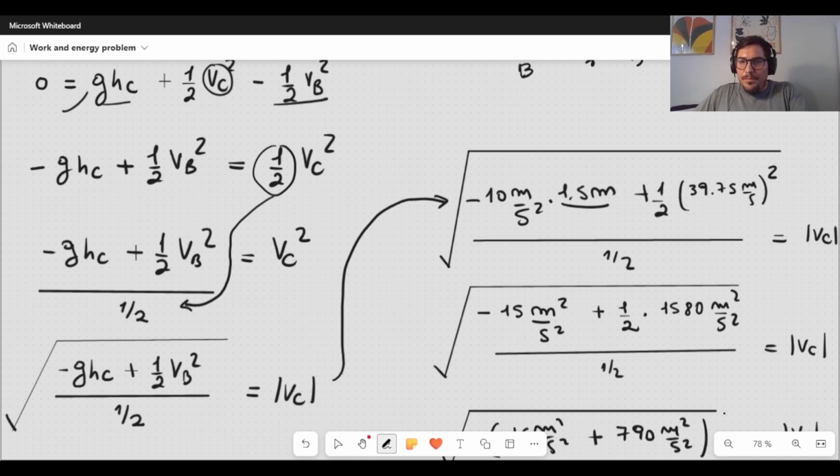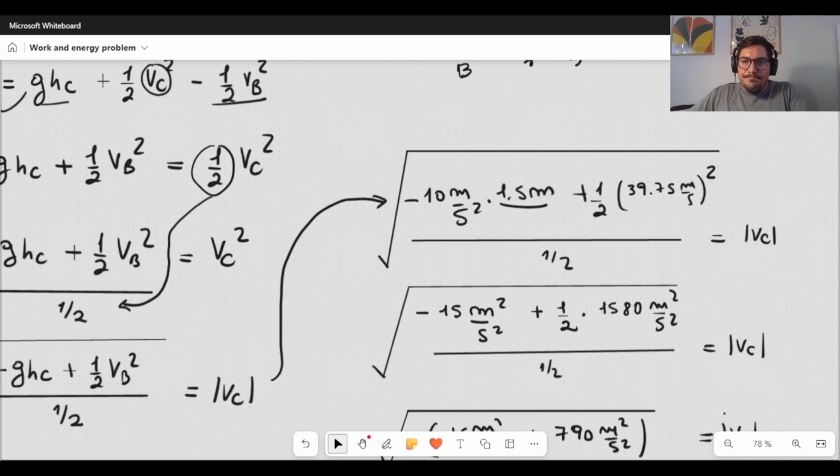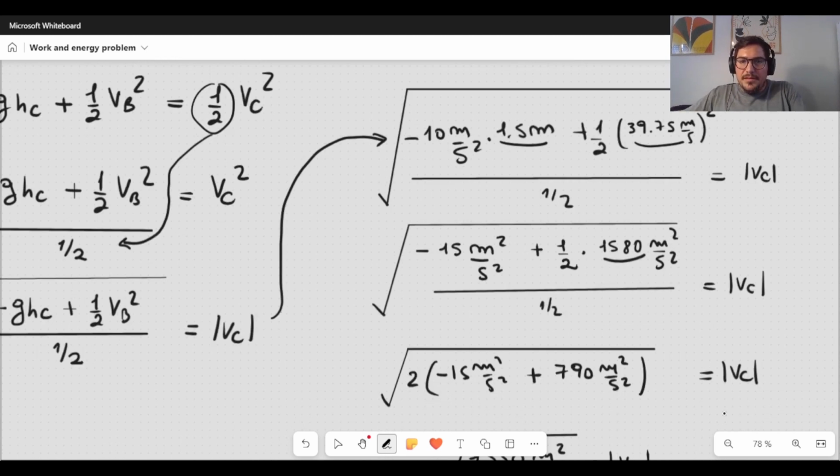The height c is 1.5, it was given. The velocity v, that is what you obtained previously between a and b, and 1/2 multiplied. Pay attention that this term is squared, so 39.75 squared is 1580 meters squared per second squared times 1/2. Okay, and 10 times 1.5 is 15.